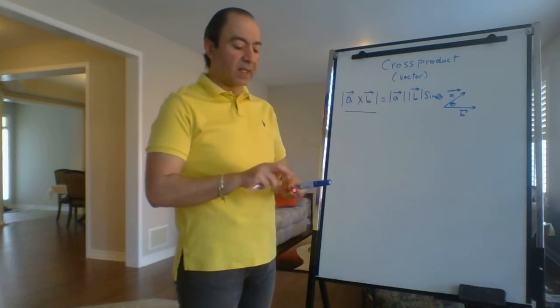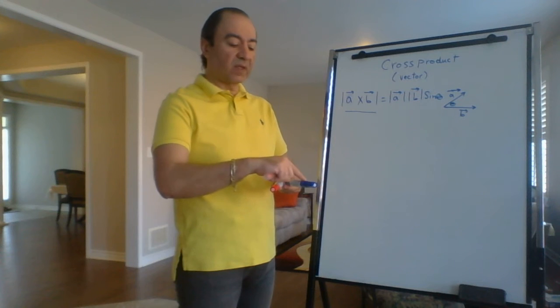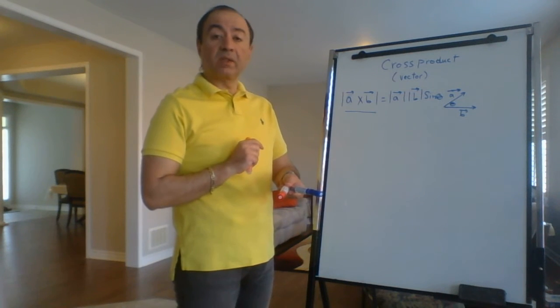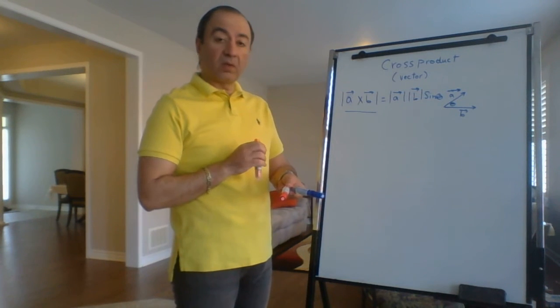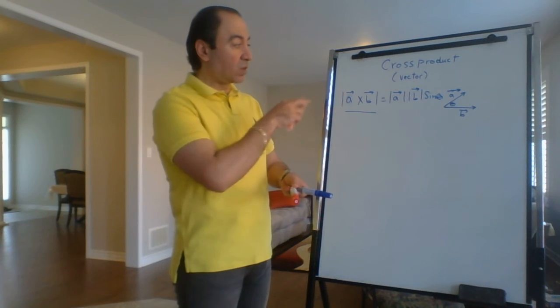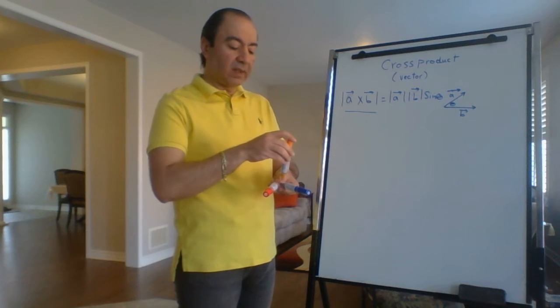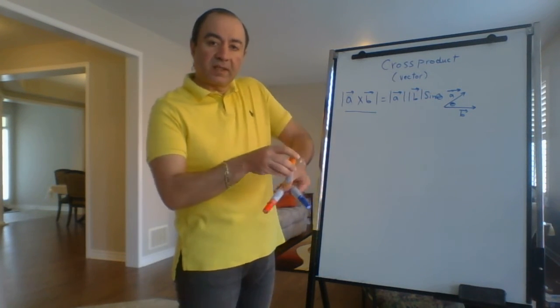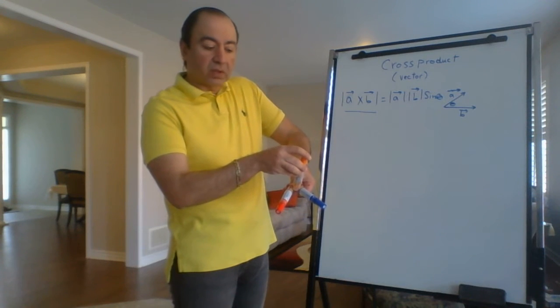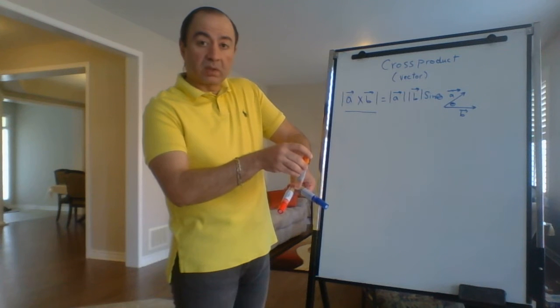So let's say this is vector A and this is vector B, and I'm doing the cross product. The result will be this vector that makes 90° on both vectors.